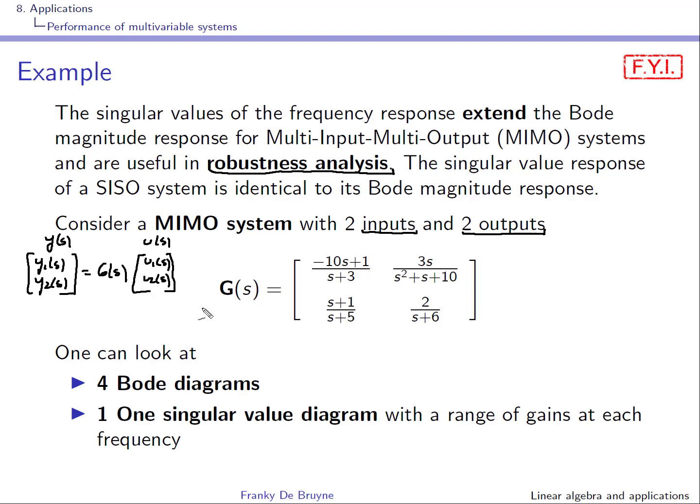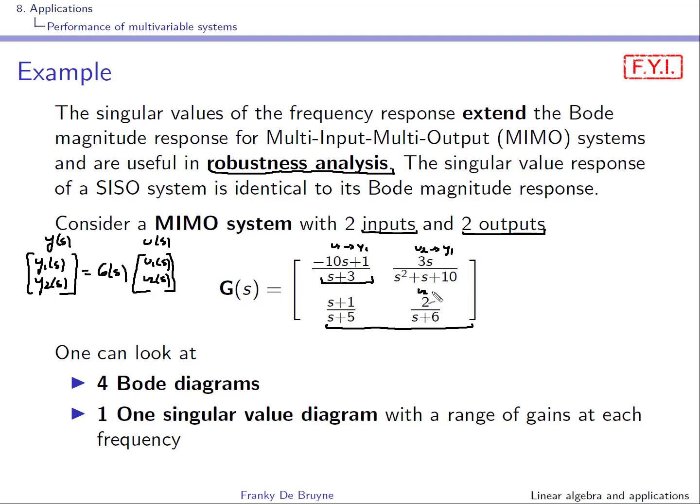Okay, so what you could do if you want to consider this MIMO system in the frequency domain is, of course, to work with Bode diagrams. So you look at this transfer matrix, and this is a transfer function. It goes from u1 to y1. This one goes from u2, sorry, to y1.